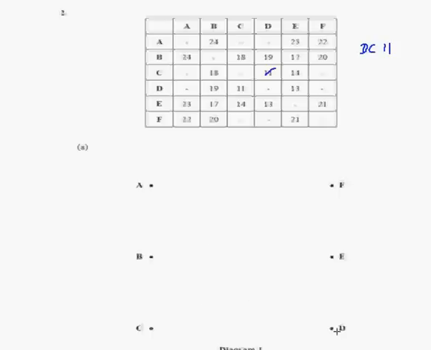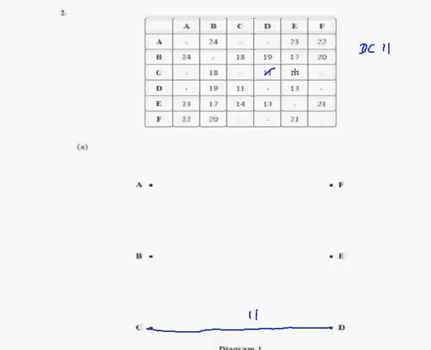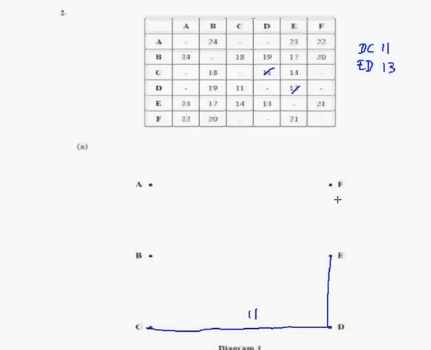So DC, that's 11. Okay, next one looks like it's ED, and that is 13. Remember with Kruskal's we keep going until we get a cycle. So far we have not got a cycle, we haven't got a loop, which is what a cycle is.